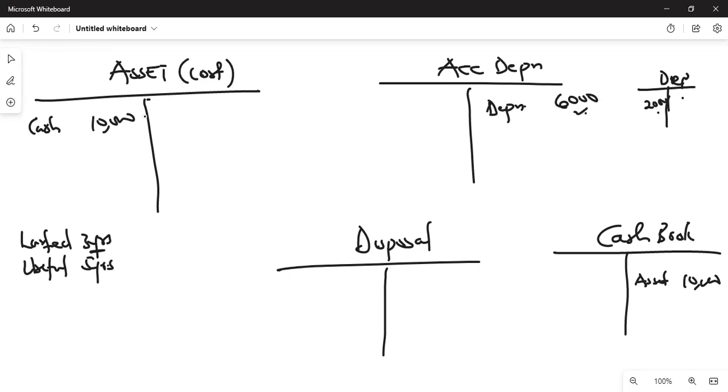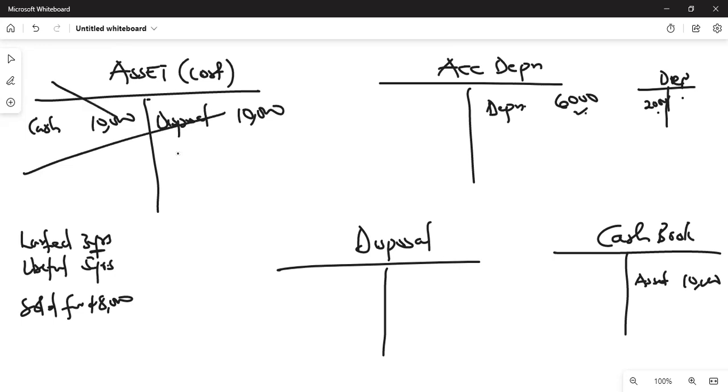If you now sell this asset, let's say for 8,000 cedis, what do you do? The asset is no more in your company, so it should not exist anymore. You come here to the disposal account and write off the asset: you come to the asset and debit 10,000.